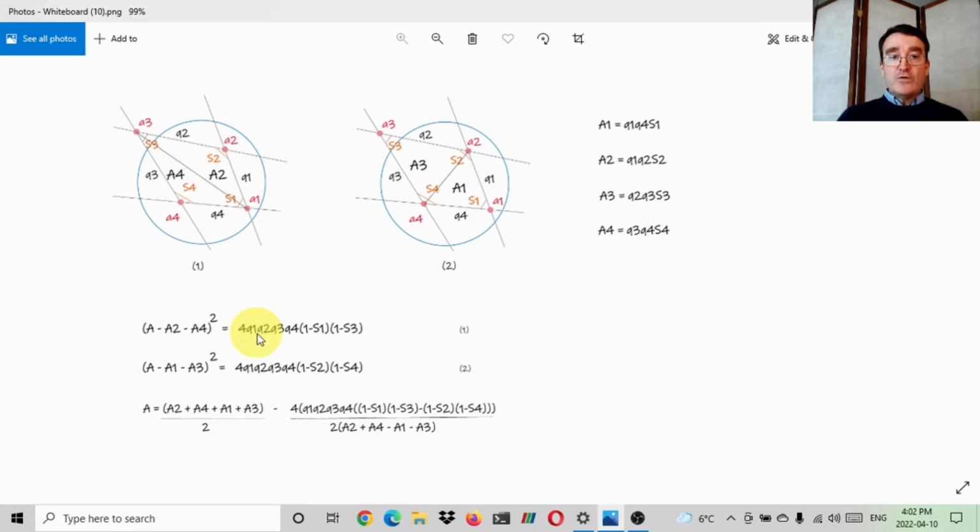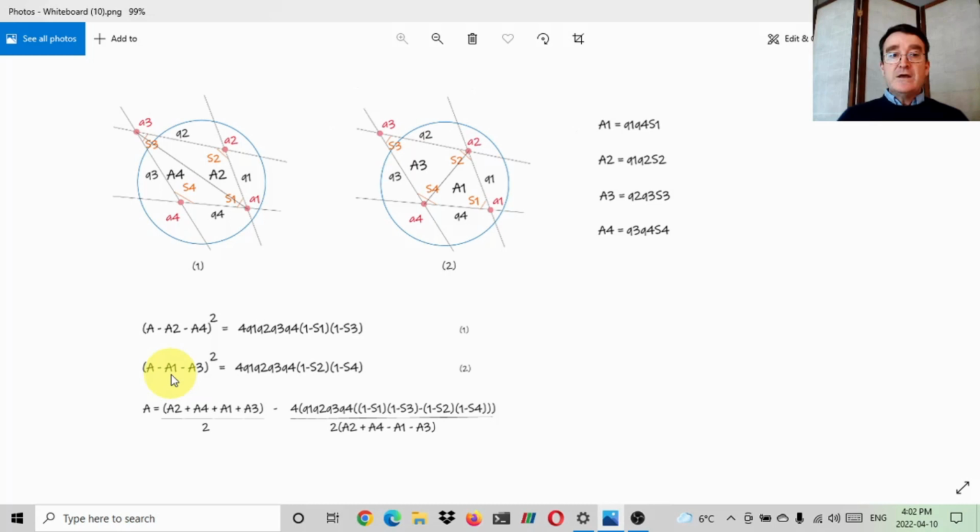And similarly for figure 2, it corresponds to this equation, where A minus A1, this triangle, minus A3, the quadria of this triangle up here, all squared, is equal to 4 Q1 Q2 Q3 Q4 (1 minus S2)(1 minus S4), where S2 and S4 are where the chord is triangulating.